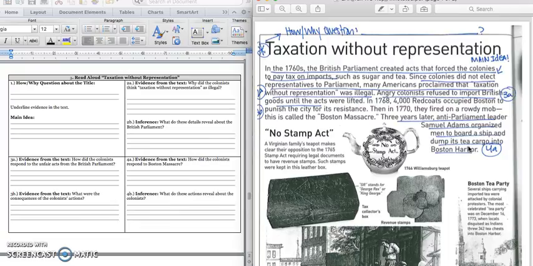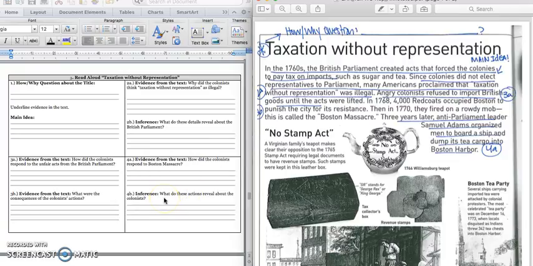It was dumped into the water and ruined. So in 4A, we would write, the colonists responded to the Boston Massacre by dumping British tea into the Boston harbor. Press pause to write down your answer and play when you're ready for 4B.